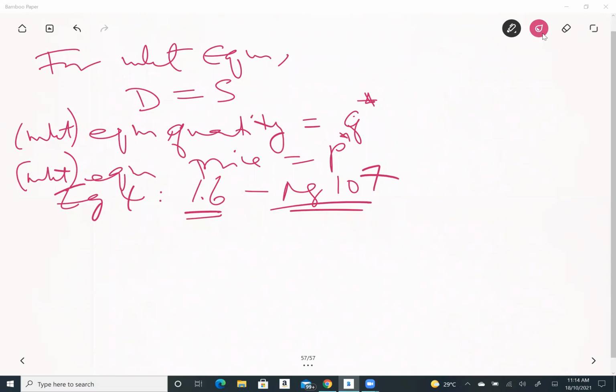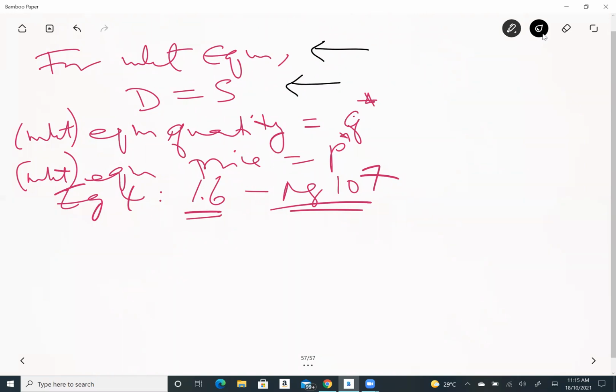Demand equal to supply. So for market equilibrium, how to solve the problem, you start with this one. For market equilibrium, that's number 1. Number 2, demand equal supply.